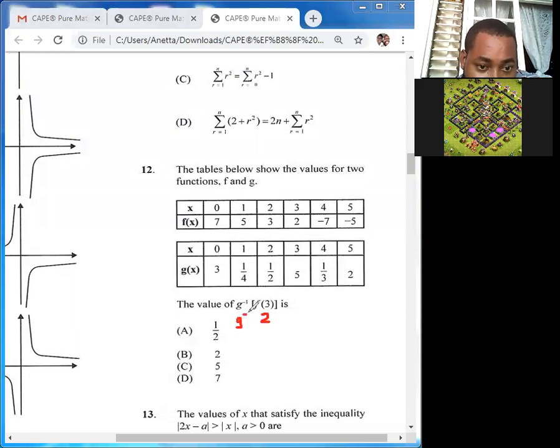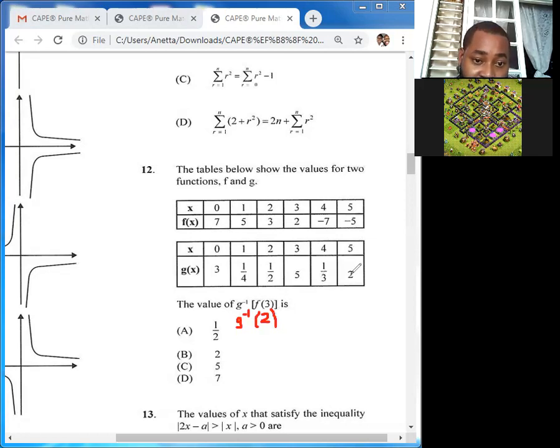When I do the inverse, all I'm doing is reversing the process. So g inverse of 2 takes me from output back to input. What gives me 2 is 5.